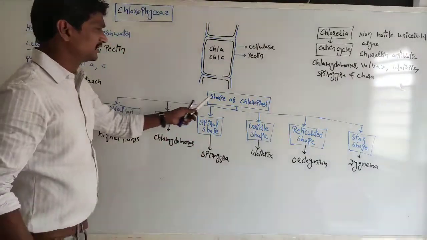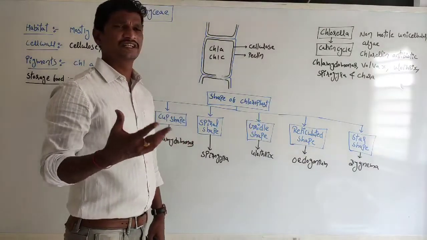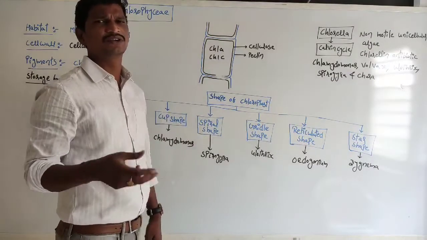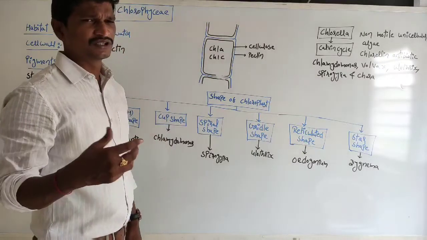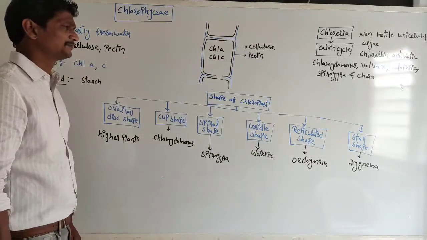Now the shape of the chloroplast. Chloro indicates green color, and all these organisms have chloroplasts. These chloroplasts exhibit different shapes, and the examples are also very important here.